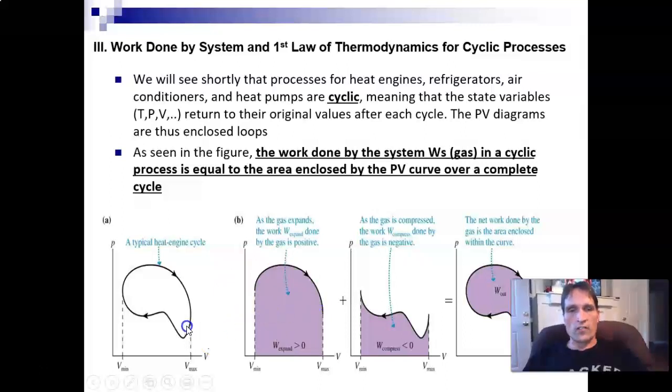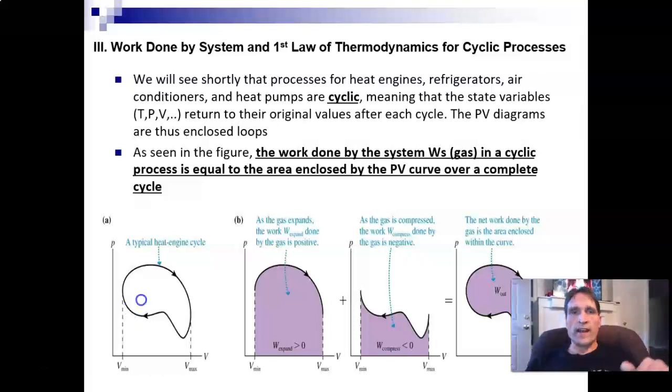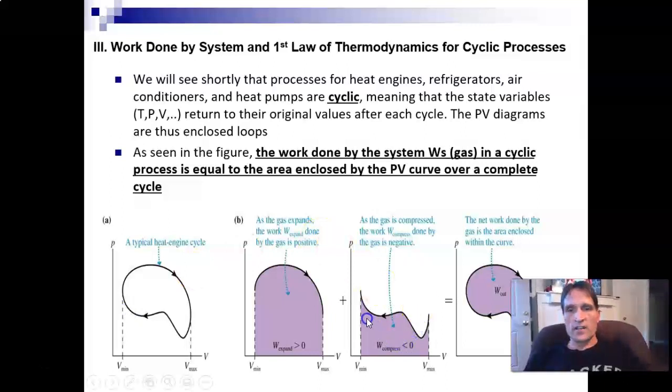Now if we look at the second half of the cycle, now we're going through a compression, which means larger volume to a smaller volume, and that means the work done by the gas is negative, and so this area under the curve during the compression is negative.